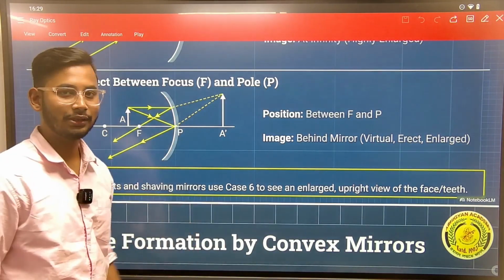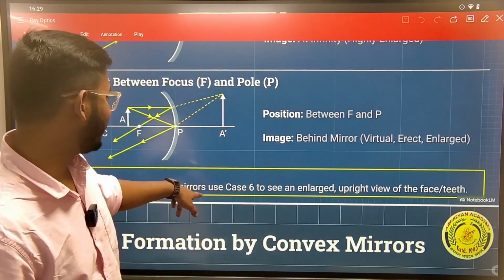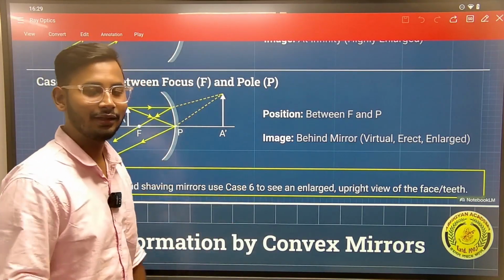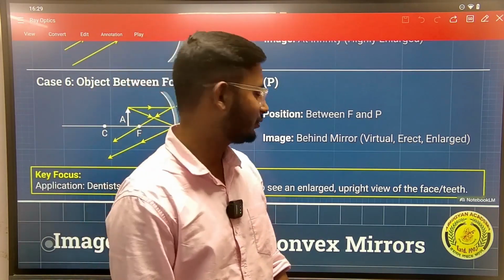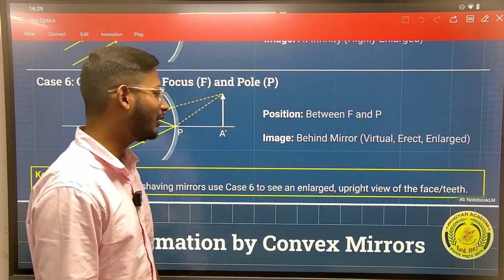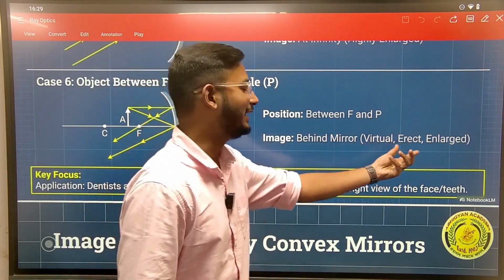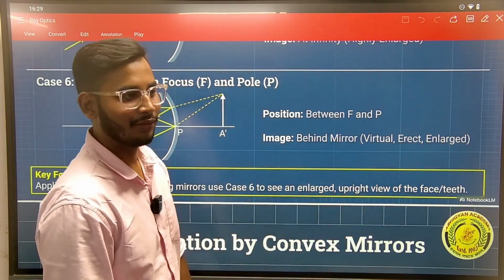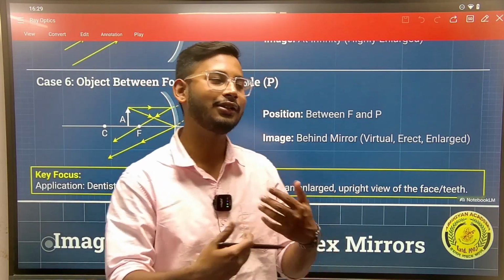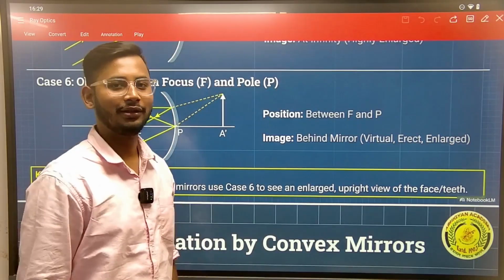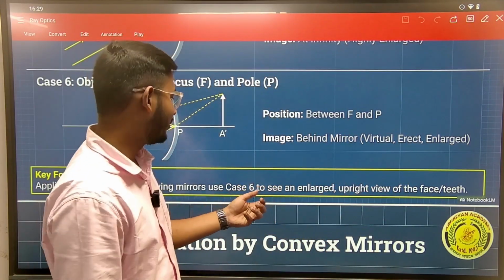Dentists and barbers use the case 6 mirror, because here we get an enlarged and erect image. We have to see the erect image. We can't deal with an inverted image. So we have to deal with an erect image. That's why they use case 6.